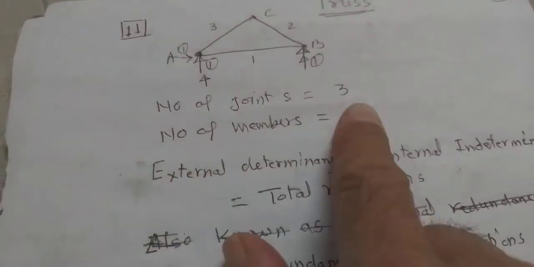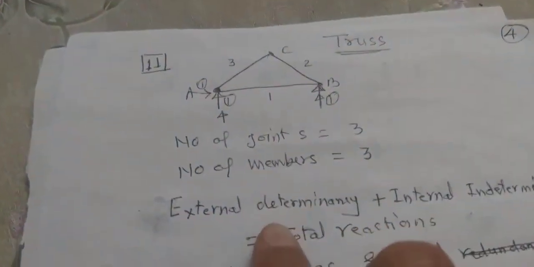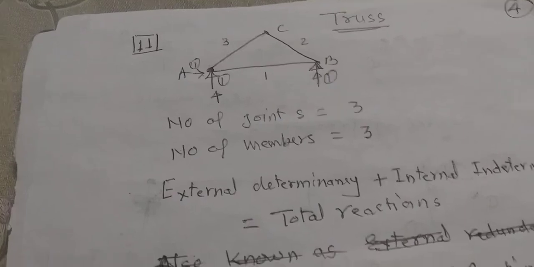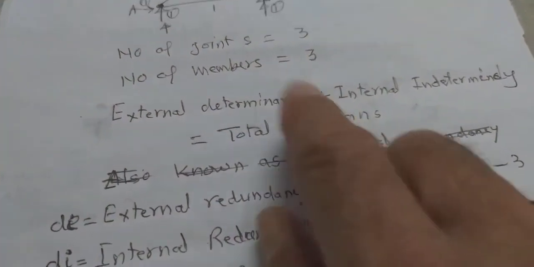Number of joints are 3, 1, 2 and 3. Number of members are 3, 1, 2 and 3, already given the numbers so far. Now external redundancy can be found out by one method. To this add the internal redundancy, that will give the total redundancy of a truss.